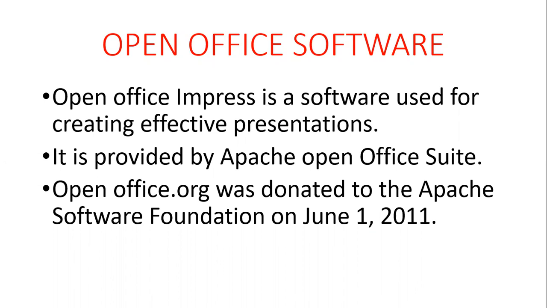Okay, children, so what is an open office software? It is basically used to create presentations, and it has been developed by Open Office of Apache company, in the year 2011, June 1st. Okay, next.